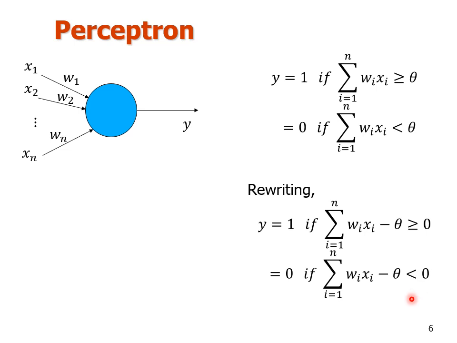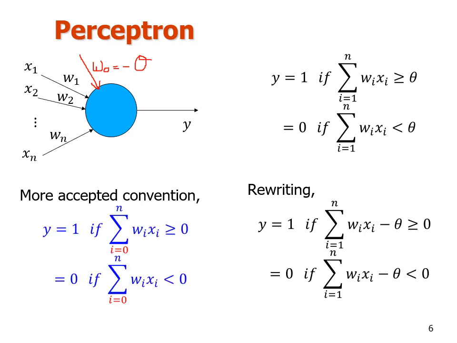But now we would like to further refine this expression such that we do not treat theta separately, but instead, is it possible to add this theta as one of the inputs to the neuron and make a more convenient representation, like y equal to 1 if summation i equal to 0 to n of wi xi is greater than or equal to 0, and y equal to 0 if summation over i equal to 0 to n of wi xi is less than 0.